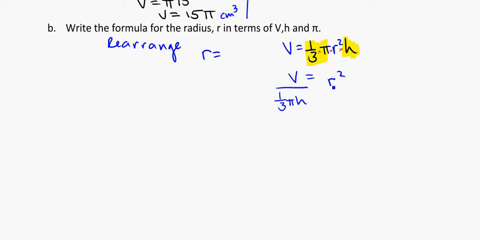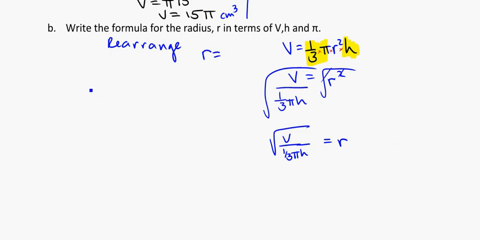And now that we've got the r squared, the last step is undoing the square, which is done with a square root. So if we take a square root of both sides, those will cancel, and you're left with the square root of V over 1/3 pi h equals r. Technically, if we take an even root, we should say plus or minus r, but because r is a radius, a real thing, we will just leave it as a positive solution here. It would not make sense to have a negative solution.